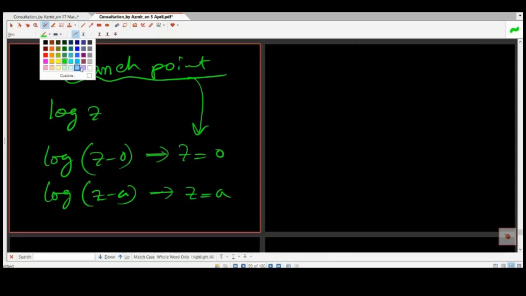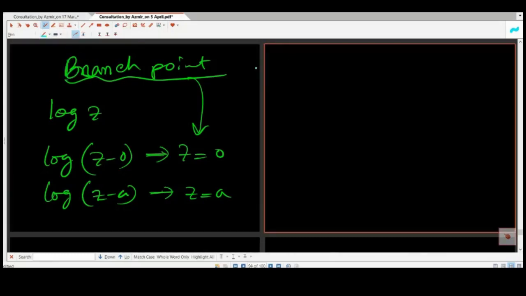Let's look at some examples. Other than the complex exponential function, logarithmic function, trigonometric function, and complex exponents, we can think about some other functions. Let's say f of z equals square root of z minus 5. How can we find the branch point of this? We can consider it just like z minus a, so z minus 5.